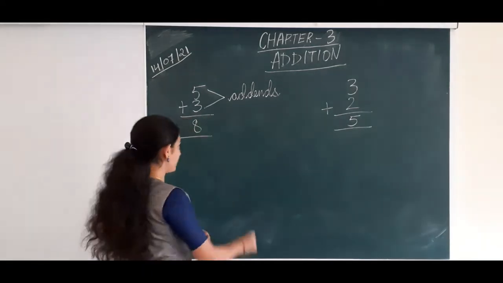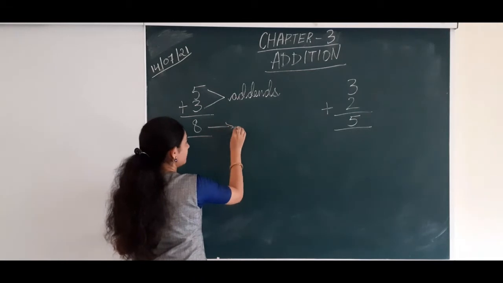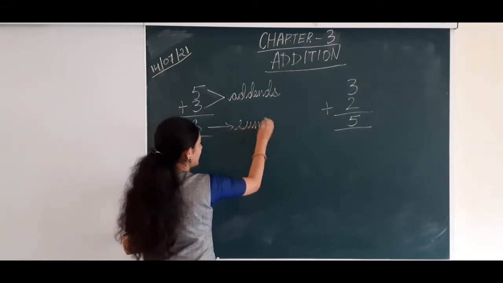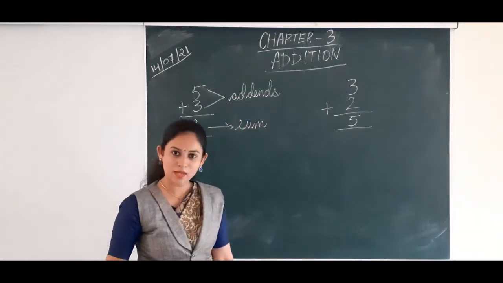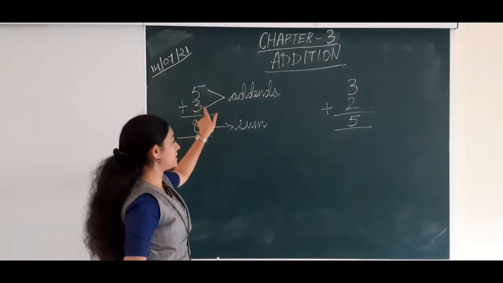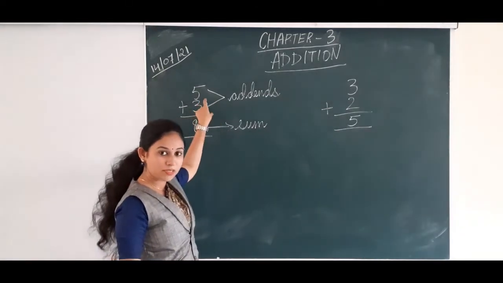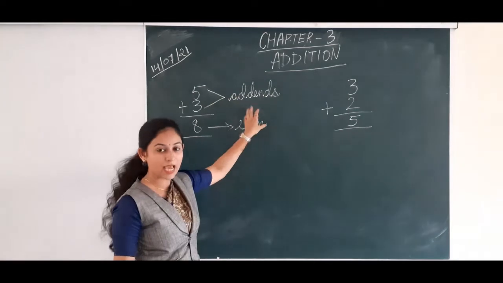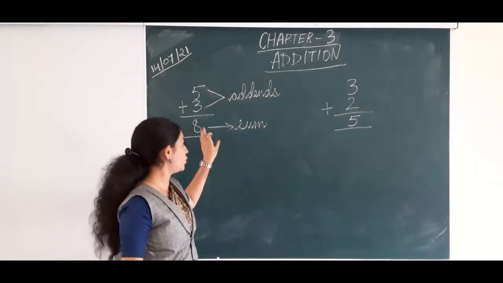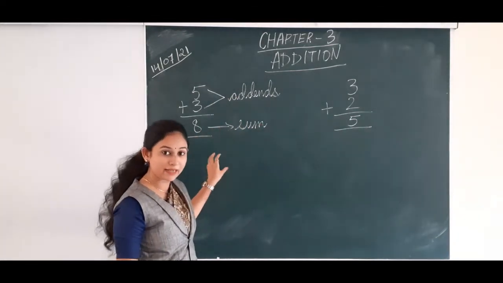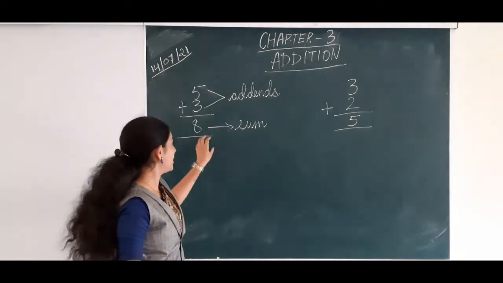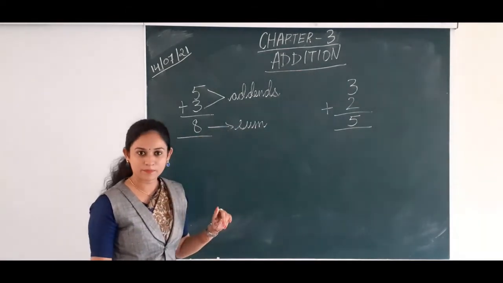So 5 plus 3, we are adding these two numbers, they are called addends, and the total number that we get after adding is known as the sum.